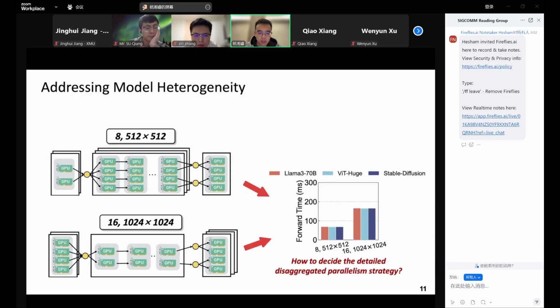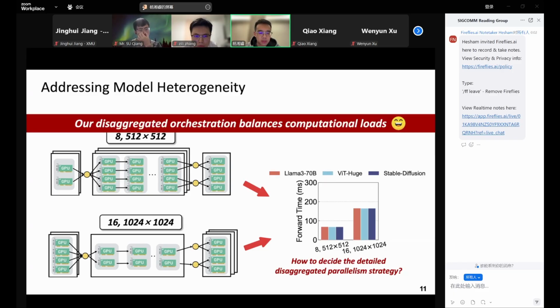Conversely, in the bottom scenario, with high resolution images, the ViT and stable diffusion become the stragglers. So for this workload, DistTrain dynamically reallocates more GPUs to them. The result shown on the chart is that the forward pass time for all three modules becomes nearly equal in both scenarios. This eliminates the pipeline bubbles and maximizes hardware utilization.